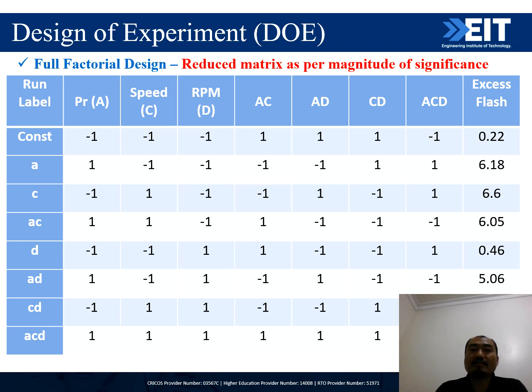Of course, their combinations can also have an effect, but normally the higher orders have lesser impact. So that way higher orders can be neglected and we can reduce the matrix as given in the table.